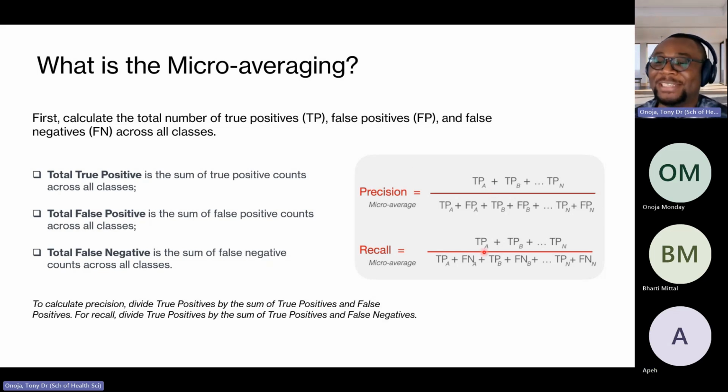So now let's look at it. This is TPA, TPB, plus down to TPN. Now let's look at the total: TPA plus FNA, plus TPB plus FNB. So you see, they are different. Yes, now I've seen it. The both of them are not the same.